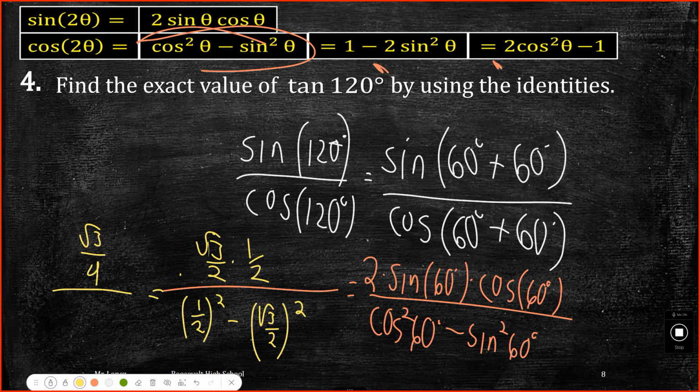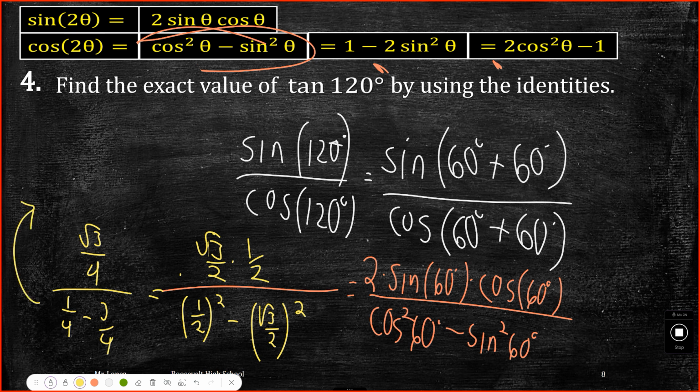And this is going to be 1/4 minus 3 over 4.